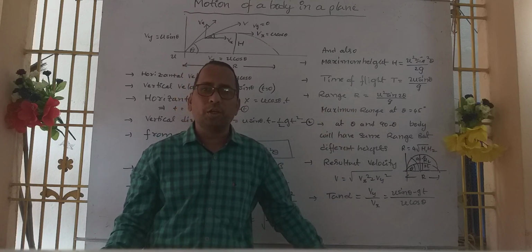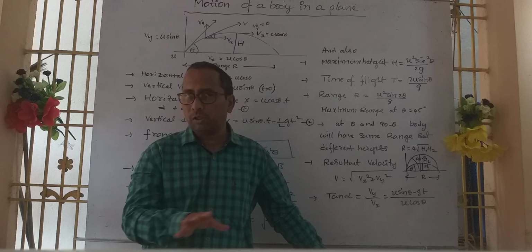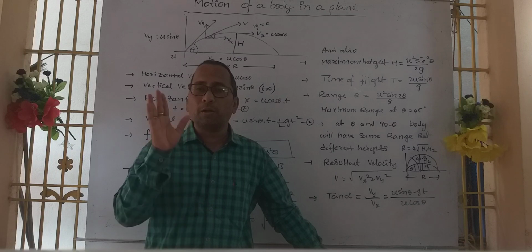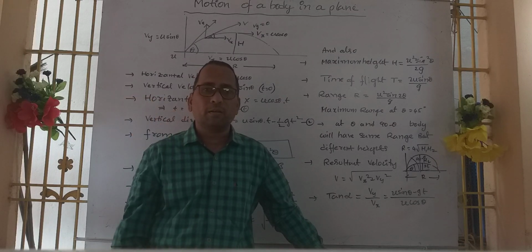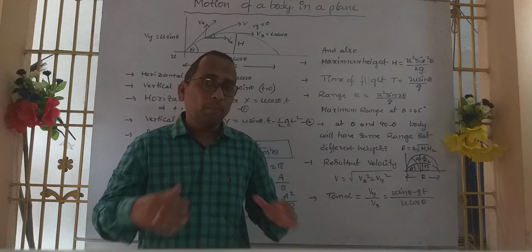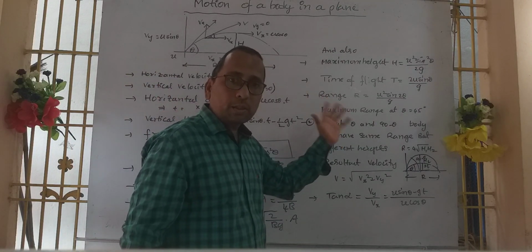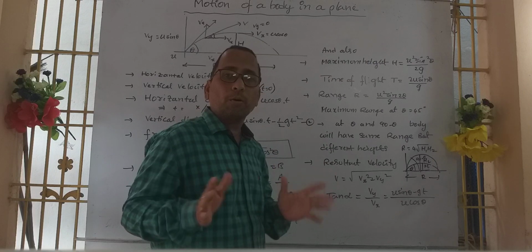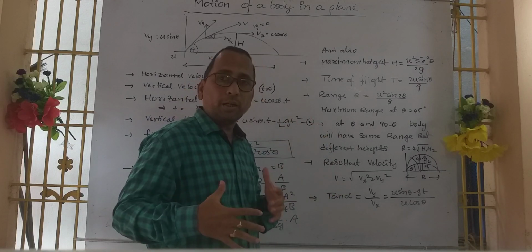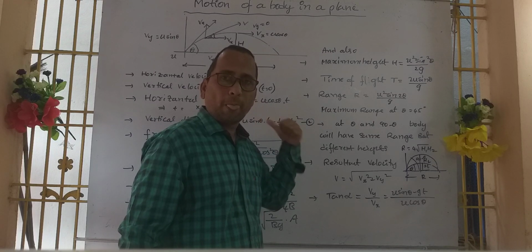Whatever the situation, we have to learn all these by heart. Actually these formulae were explained in +1, intermediate standards, so everybody can remember them. But if you remember these concepts, it is enough to solve all the problems. These are very, very important problems. We are expecting problems from projection.